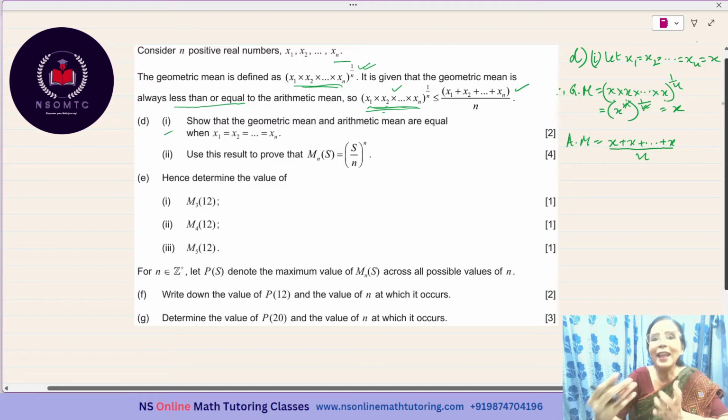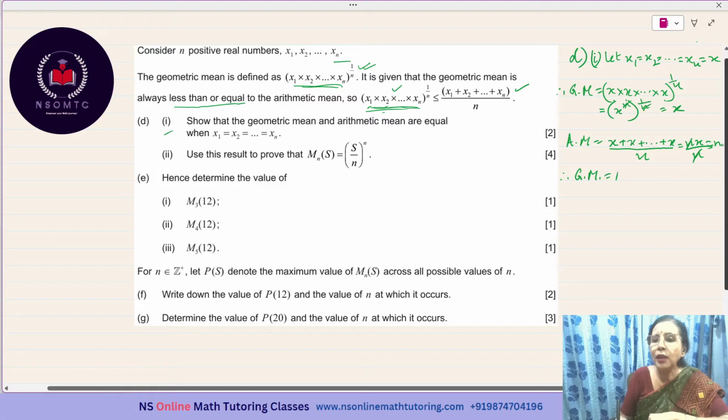So when we are having n x's, the numerator will be nx. So this is nx over n, which is equal to x. Just writing this as x over here. Therefore, GM equal to AM equal to x. Shown.